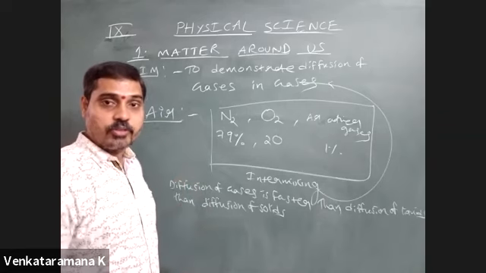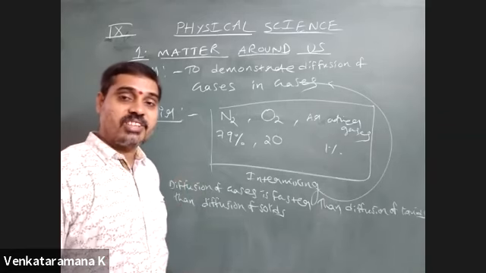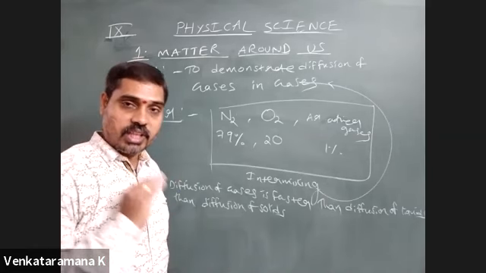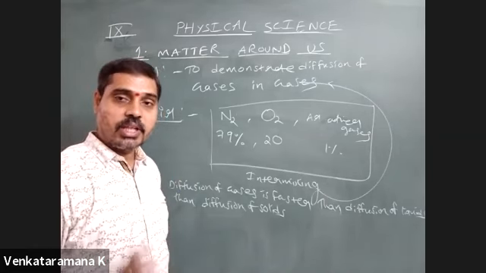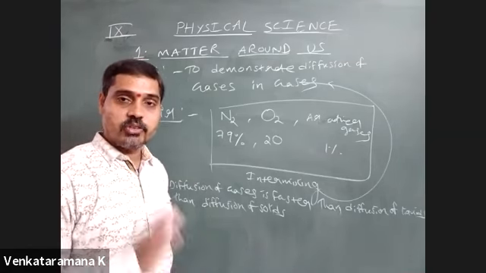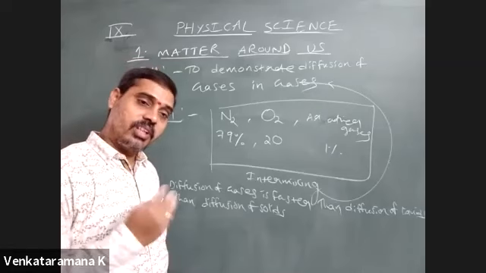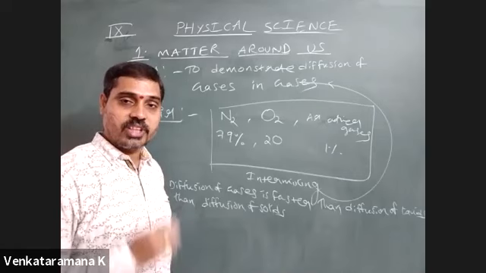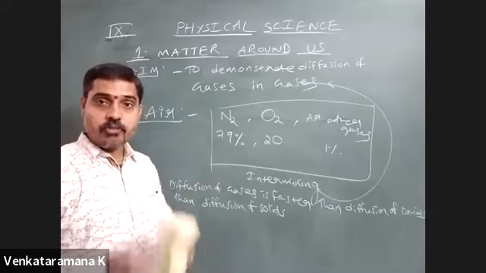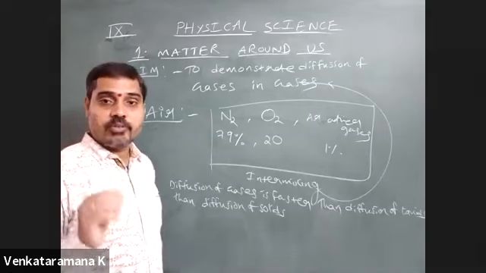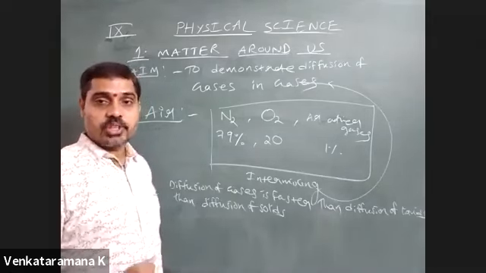Among all the types of diffusion, diffusion of gases in gases is faster than diffusion of gases in liquids, than diffusion of liquids in liquids, than diffusion of solids in liquids, than diffusion of solids in solids. The speed at which molecules spread or move is called the rate of diffusion.